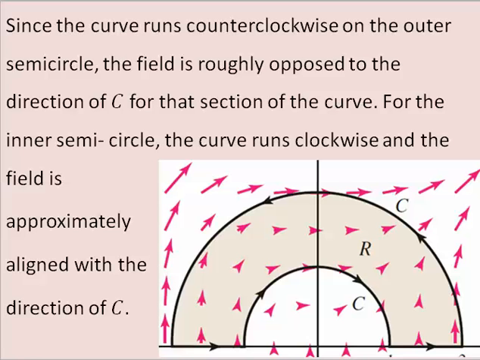Since the curve runs counterclockwise on the outer semicircle, the field is roughly opposed to the direction of the curve for that section of the curve. For the inner semicircle, the curve runs clockwise, and the field is approximately aligned with the direction of the curve.